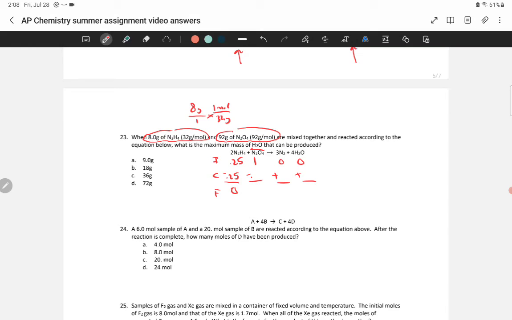So 0.25, half of that is 0.125. I don't really care about the N2, so I'm going to skip it. I care about the H2O, sorry. And it's a 2 to 4 ratio. So I have to double this number for that spot. So double 0.25 is 0.50. So 0 plus 0.50.